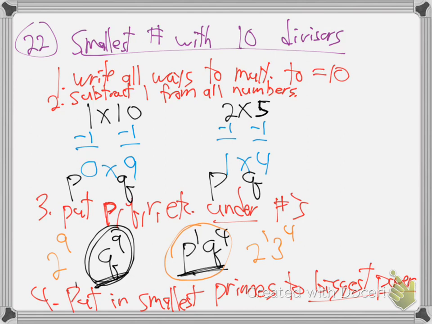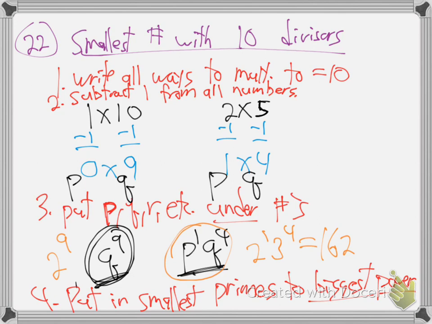I'm trying to make this as small as I possibly can. I've got to put 2 primes here: some prime to the 1st power, some prime to the 4th power. I'm going to use 2 and 3 for sure, because those are the 2 smallest primes. What's a better way to do that? Because that would be 162, I think.